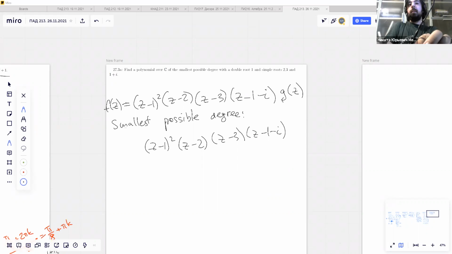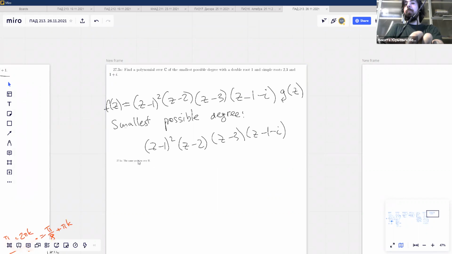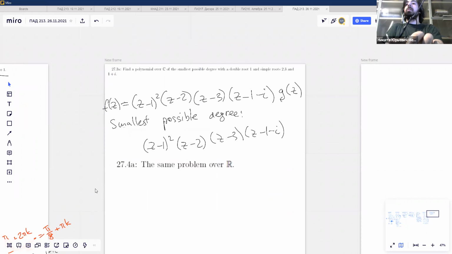Okay, then let me consider the same problem for the same polynomial, but over real numbers. I want to have a polynomial that won't have any i inside, of the smallest possible degree. Then this one doesn't suffice. This one has i.